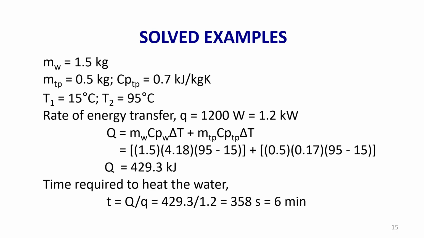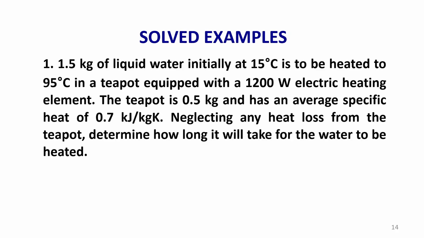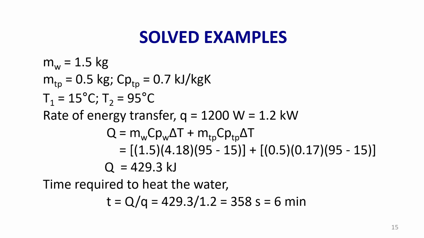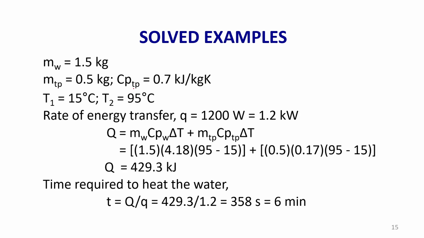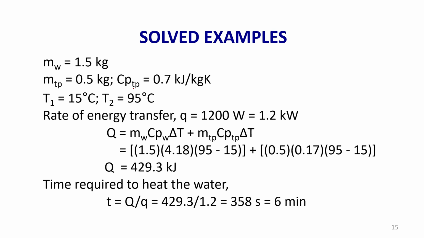One more data is given, the electric heater, the wattage 1200 watts. That we will use as small q, 1200 watts. Now we have to find out the capital Q, the heat flow, how much heat is required.